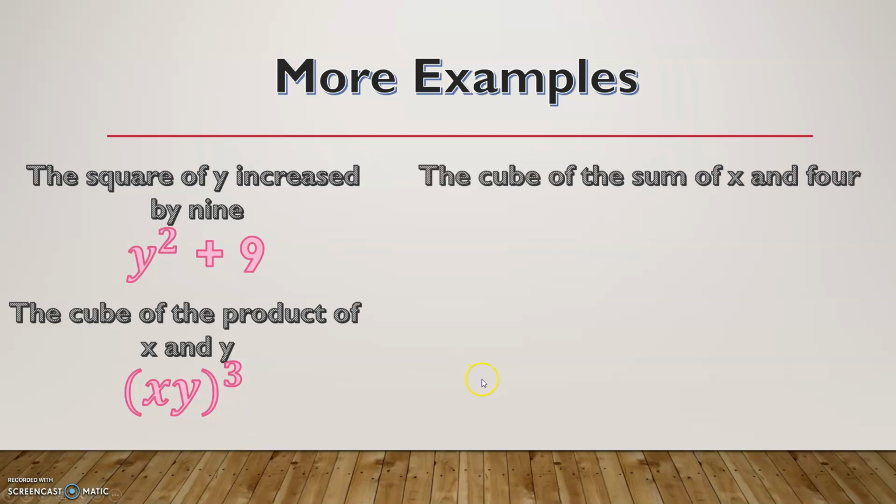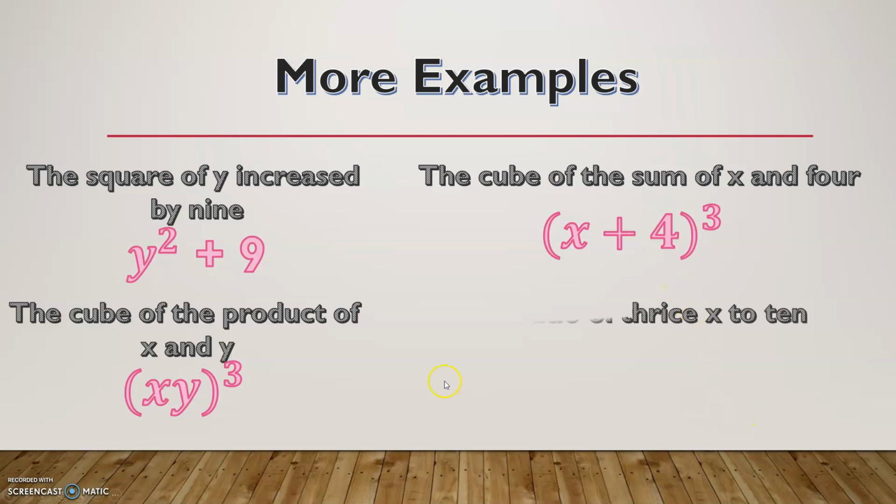Okay, the same goes with this one. It's the cube of the sum. If it is the cube of the sum, then again, you need to write the sum inside the parentheses and then the cube or the exponent outside the parentheses. And that is this one.